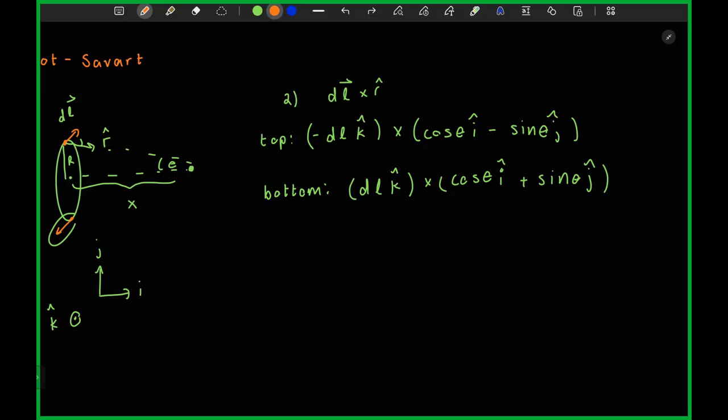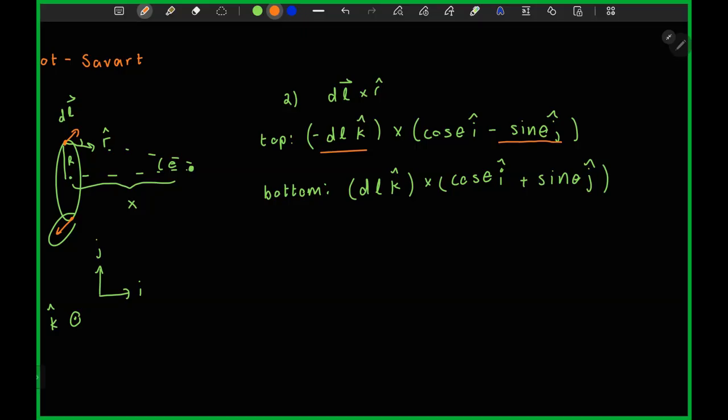Now, before we go ahead and fully compute those cross products, we can actually see what will happen without doing the full computation. If we pay attention, we notice a sign inversion between our dl's. We have negative dl k hat and dl k hat. And there's a corresponding sign inversion in our j hat component as well.